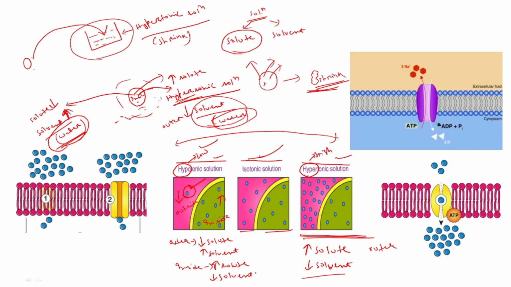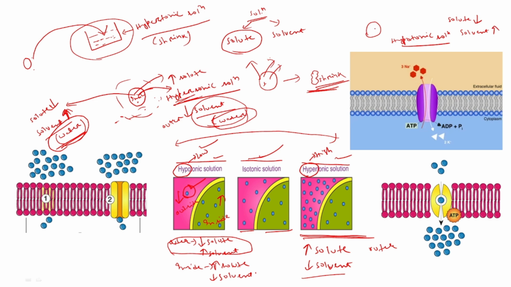So like that, if the cell is placed in the hypotonic solution, let us say this is the cell, this is the hypotonic solution. In the hypotonic solution, the solute concentration is less and the solvent is more.